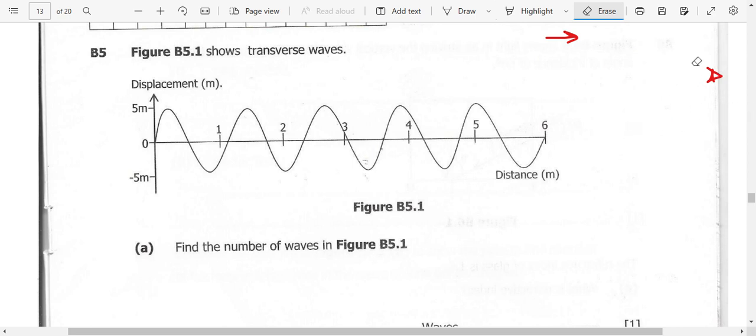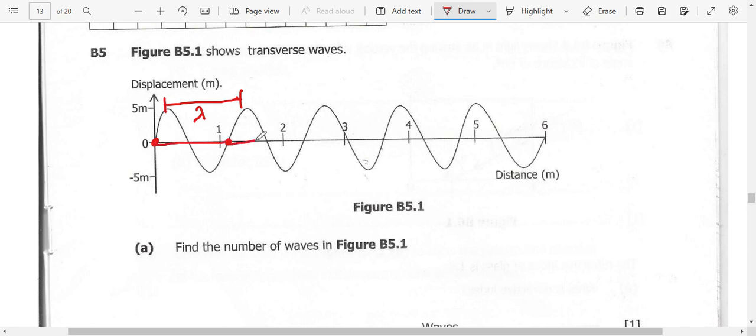So you have one wavelength if you cover two troughs. From here up to here is one wavelength. The symbol for wavelength is this. You can also count a wave starting from here up to here. This is one wave, meaning this is also a wavelength.